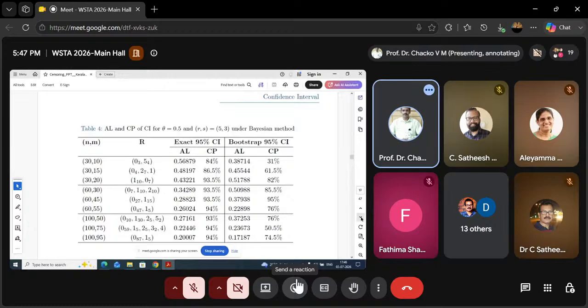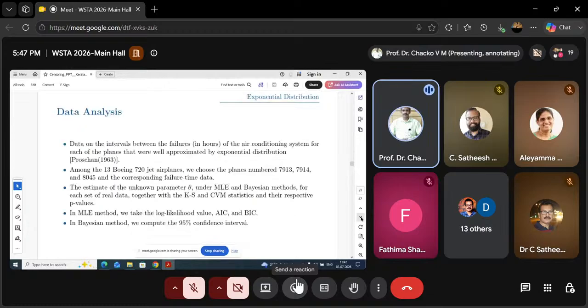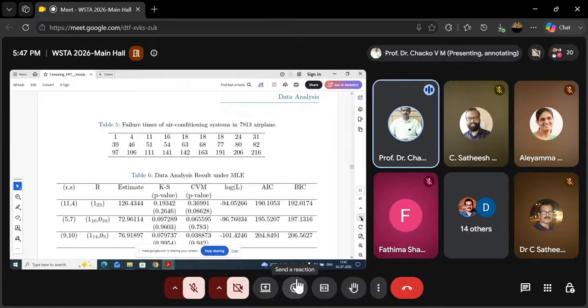A data analysis is conducted to examine the effectiveness and to illustrate the usage. So this is the example. AIC, BIC, MLE, log likelihood value, everything are calculated.